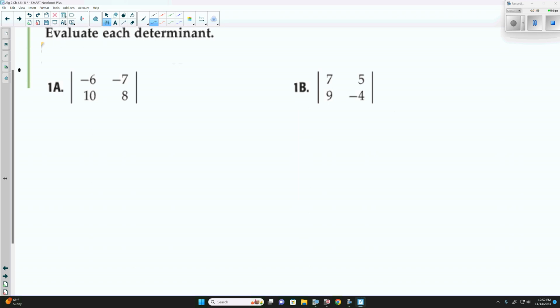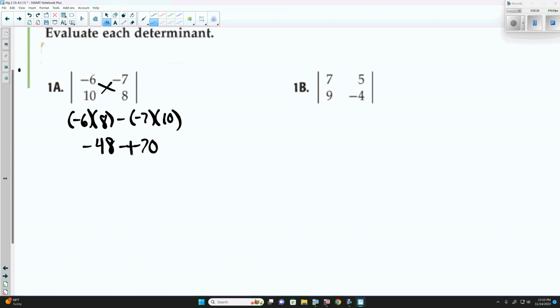Let's look at these next two. So the first diagonal would be negative 6 times 8. Our other diagonal would be negative 7 times 10. Negative 6 times 8 is negative 48. Minus negative 7 times 10 is negative 70.